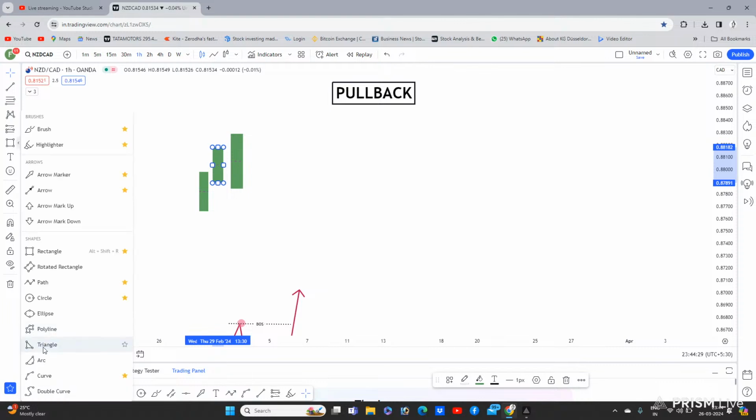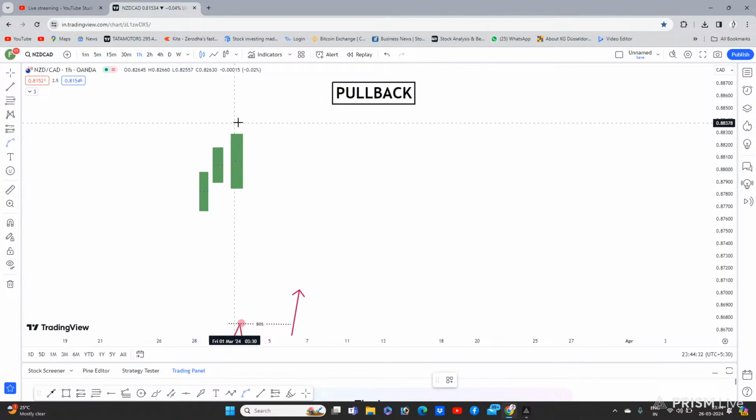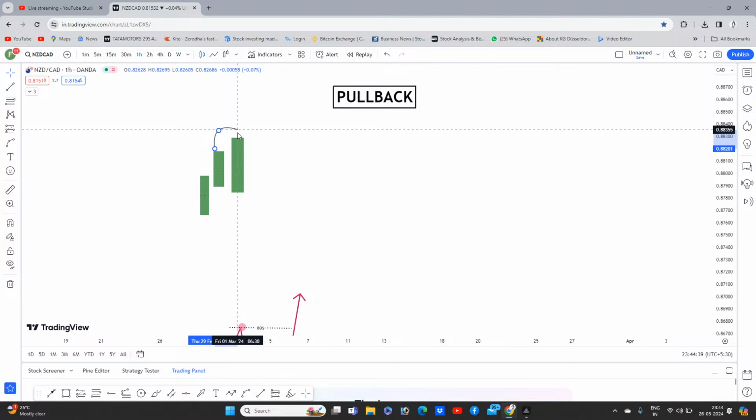You getting my point? Wait a minute, let me draw this right. This is the previous candle of this pullback, and what the market needs to do is break the previous candle low in an uptrend. I'm saying in an uptrend the market needs to break the low of the previous candle.